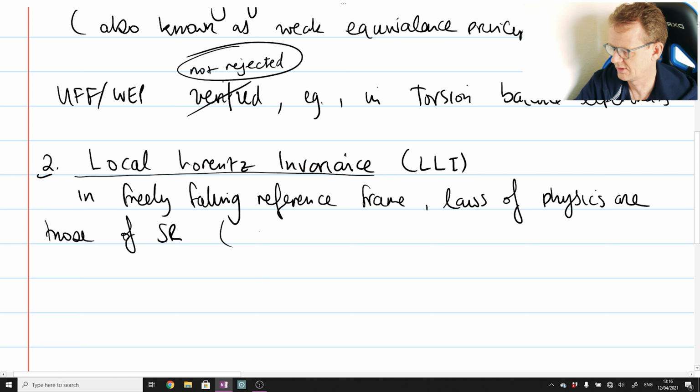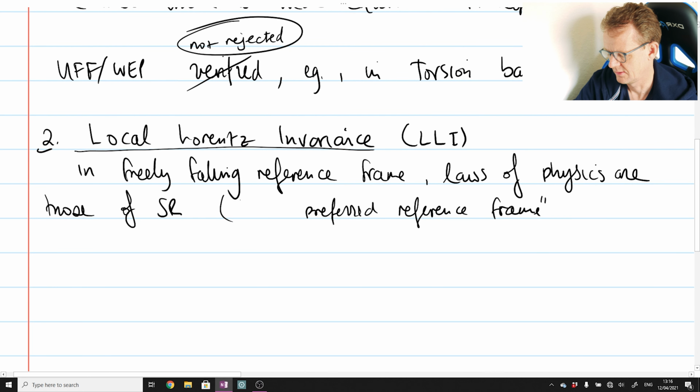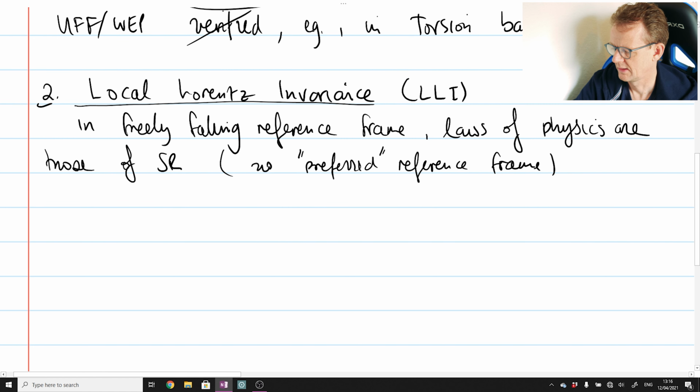And you can summarize this as saying that there's no preferred reference frame. And we talked about preferred reference frames in Newtonian physics. And this is one of those notions that you have to give up on when you transition to special relativity, but not general relativity. You already have to give up on it when you go to special relativity.